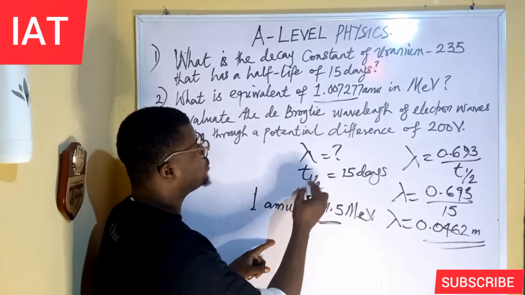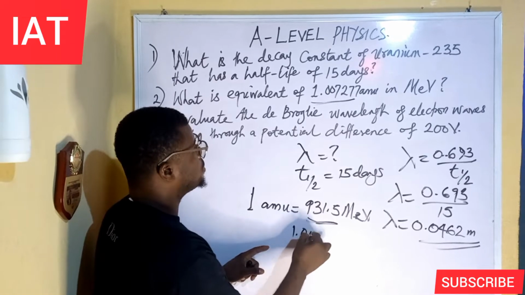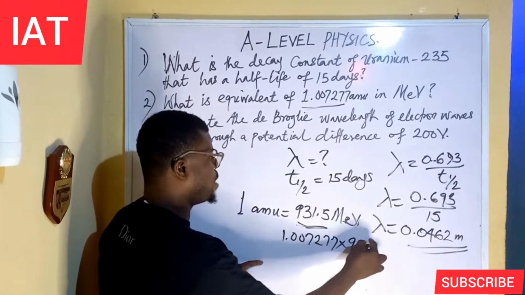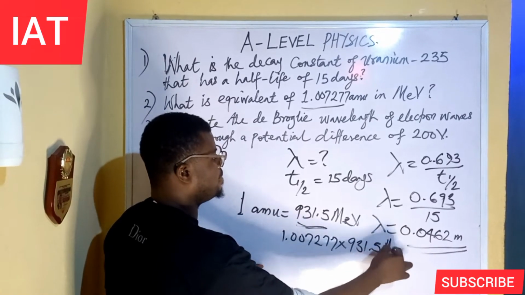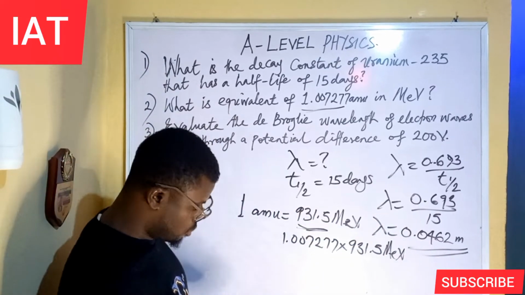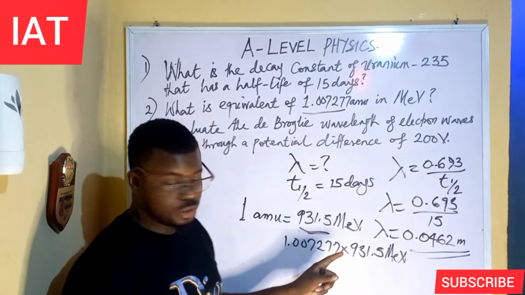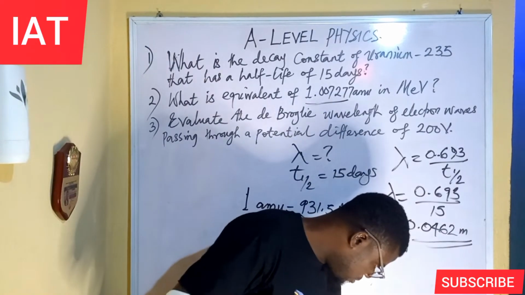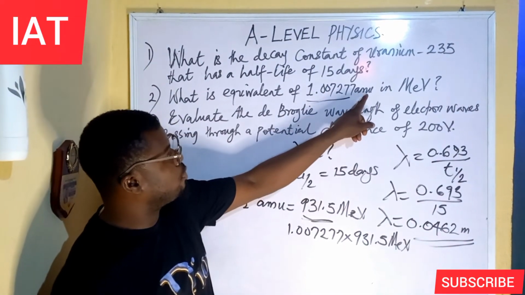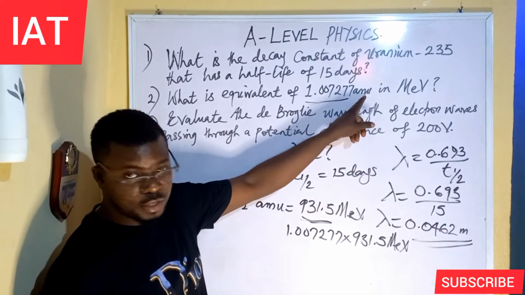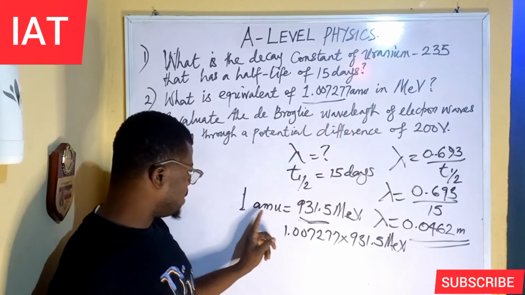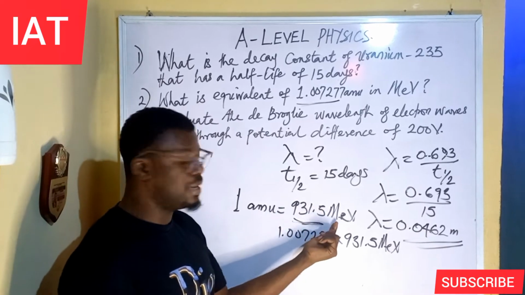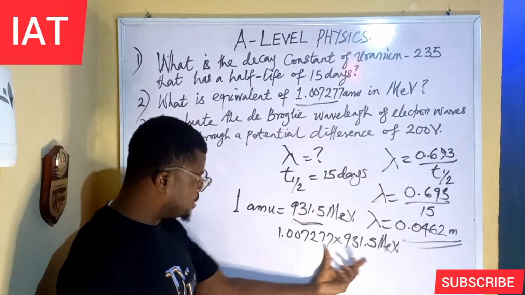You could just say 1.007277 multiplied by 931.5, all in MeV, because we are converting to mega electron volt. That is what MeV stands for, mega electron volt, and AMU means atomic mass unit. So do not forget the full meaning of AMU. We are converting from one atomic mass unit to mega electron volt, and this is the process.